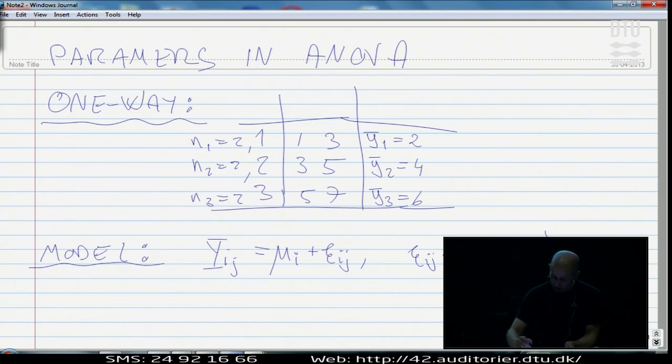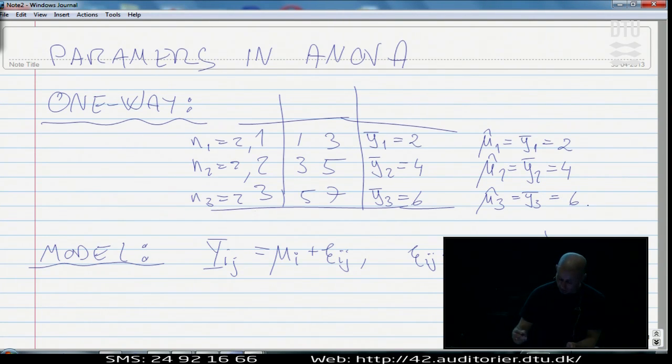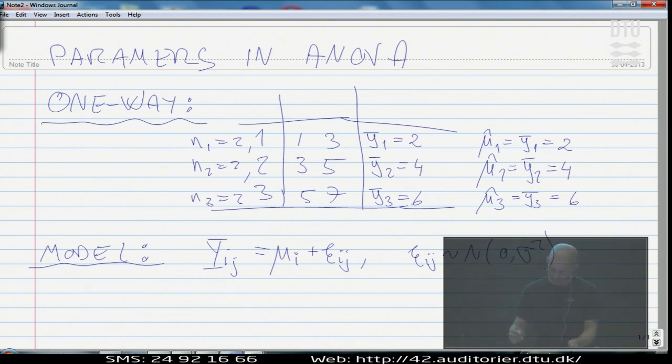By this expression I would have mu1, estimated by the average in group 1, which is 2. I would have mu2, directly corresponding to the average in group 2, and mu3 directly corresponding to the average in group 3. That would be a straightforward expression of everything.